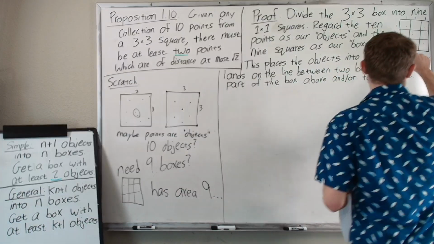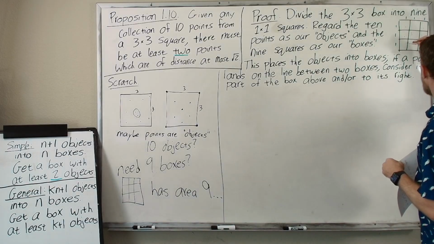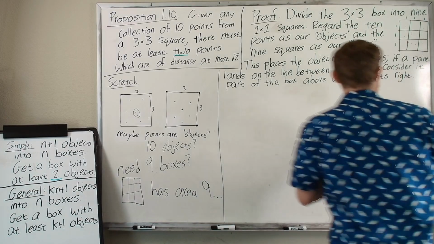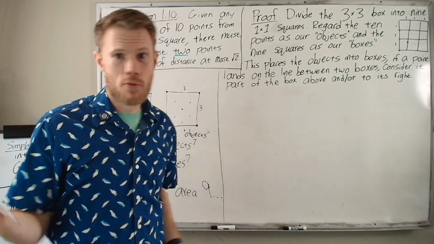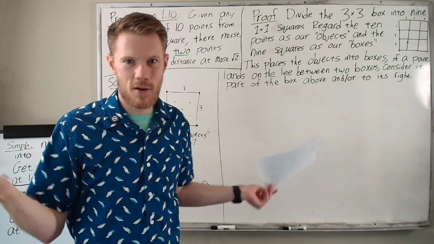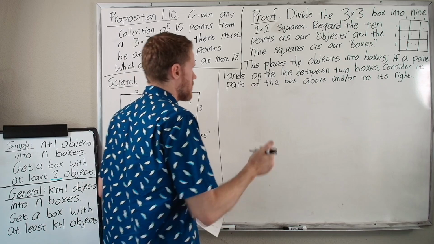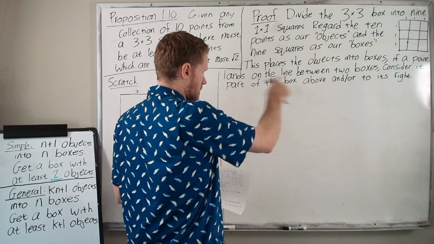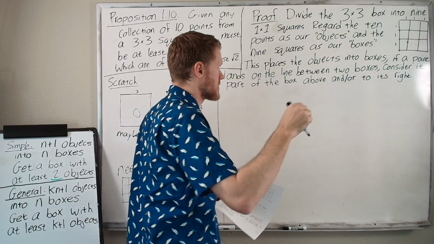What if one of the points lands right on the line between two boxes? Where do you put it? So you have to make up a rule. You can just make it up. Our rules can differ. It's fine. The rest of the proof will go through either way. But the rule I said is to consider a point like that to be part of the box above and or to its right.